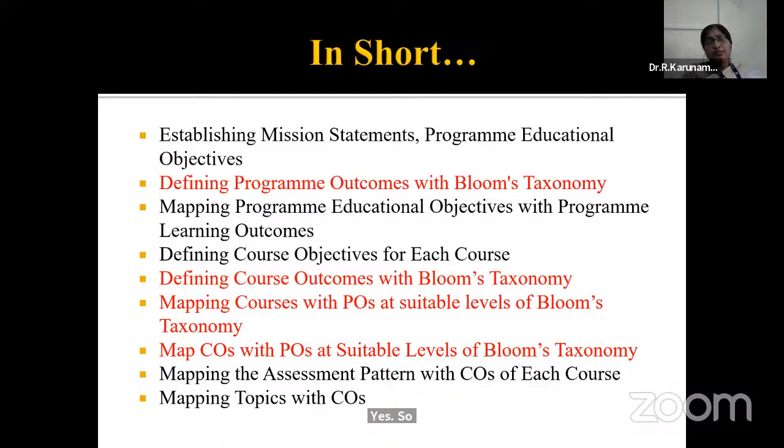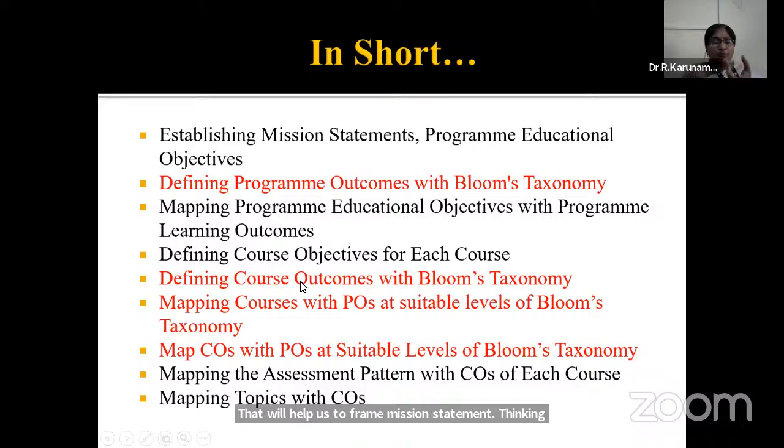So establishing mission statements, framing program educational objectives. These are the first things. Why this particular program should be offered by this institution. That will help us to frame the mission statement, thinking about evaluating the purpose of the program.